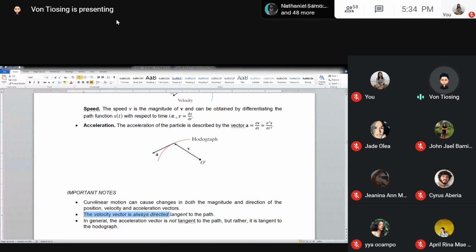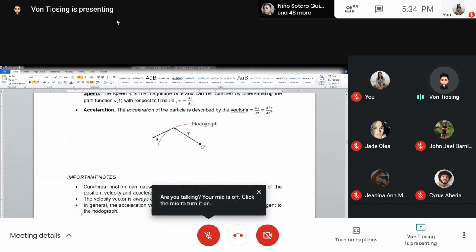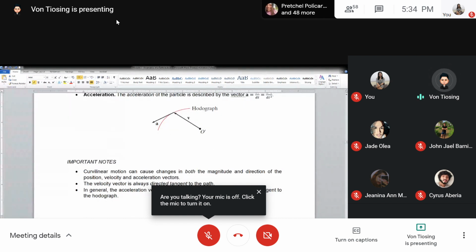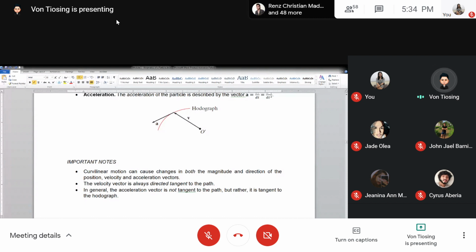Next, the velocity vector is always directed tangent to the path. In general, the acceleration vector is not tangent to the path, but rather it is tangent to the hodograph. So, yun yung assignment niyo. Alamin niyo kung ano yung ibig sabihin ng hodograph.